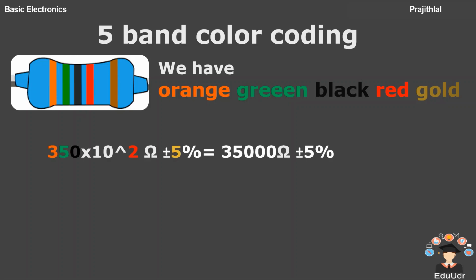So here we have the first three, orange, green and black, that gives 3, 5 and 0 from the color chart. Fourth is multiplier, so we have red means 10 raised to 2, and at the end we have tolerance, that is gold, which is equal to plus or minus 5%. So hence we get 35 kilo ohm plus or minus 5%.